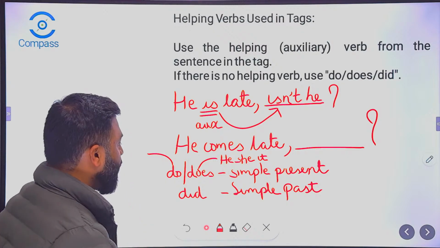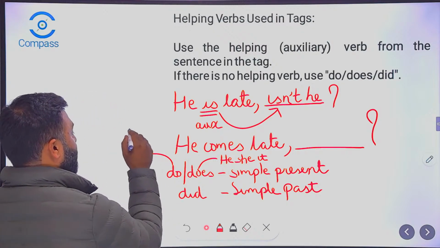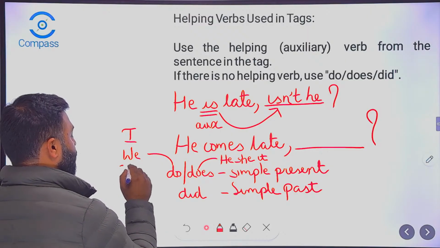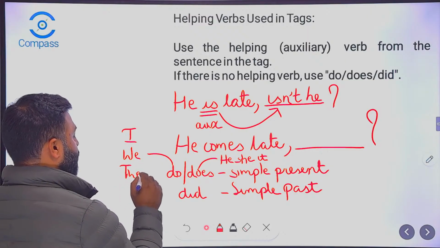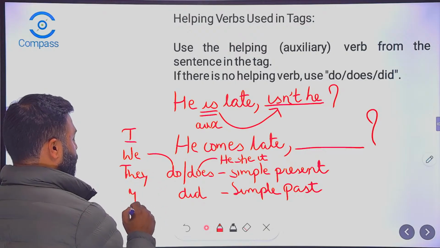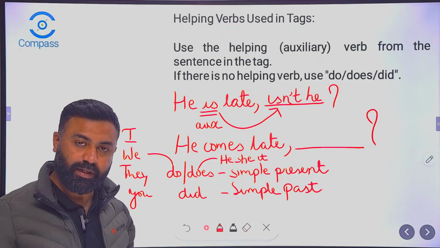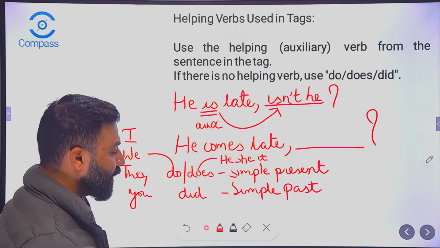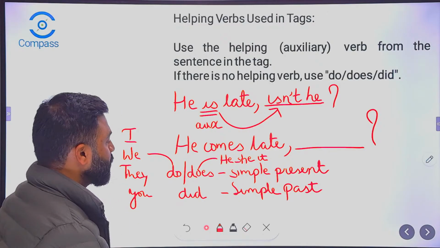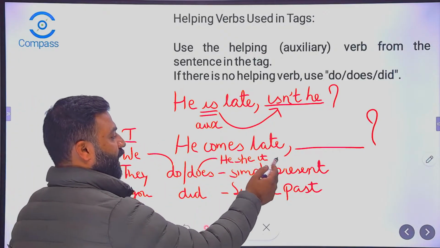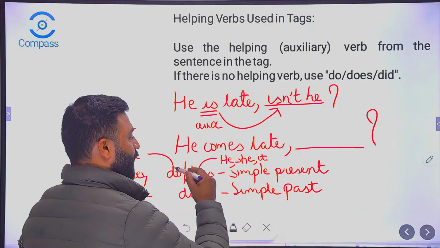And do comes with I, we, they, you. Very simple, no rocket science behind it. Let me put a comma here.